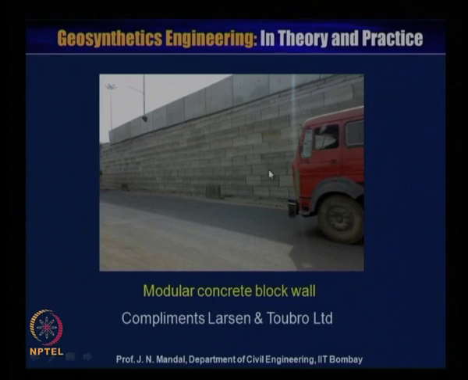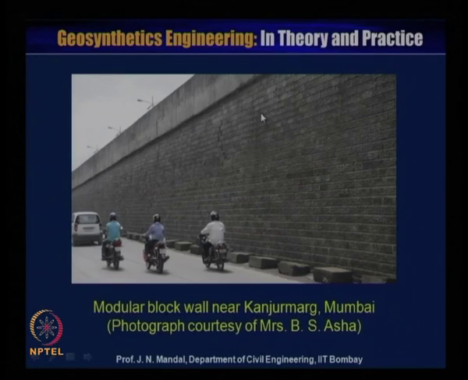This is a modular block, concrete block. You can see the facing element is a different type, and this is courtesy of Larsen and Toubro Limited. Geogrid material has also been used here.